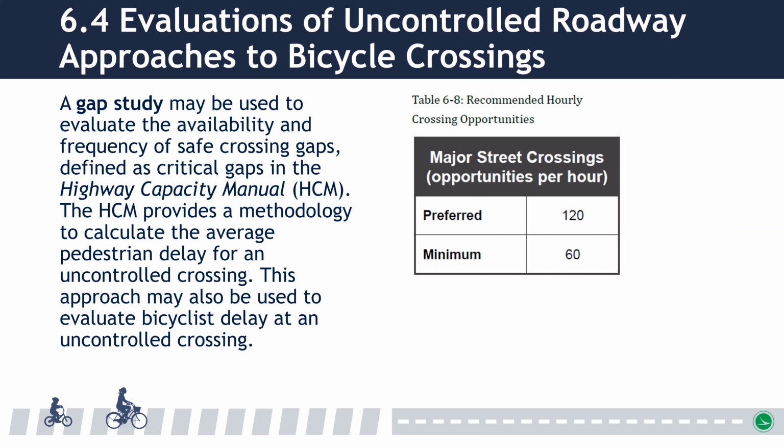If sufficient crossing opportunities are not available, bicyclists are likely to accept smaller gaps or avoid the bikeway entirely due to the uncomfortable or inconvenient crossing conditions. As shown on this slide, the guide discusses the recommended number of bicycle crossing opportunities per hour that should be available at uncontrolled crossings and methodologies for evaluating crossing opportunities.